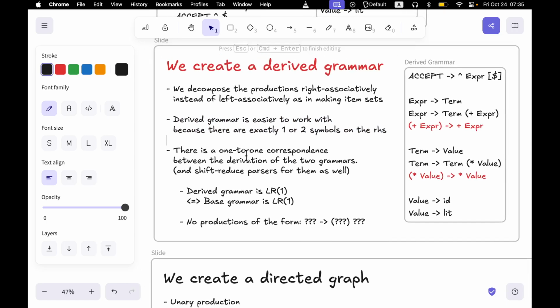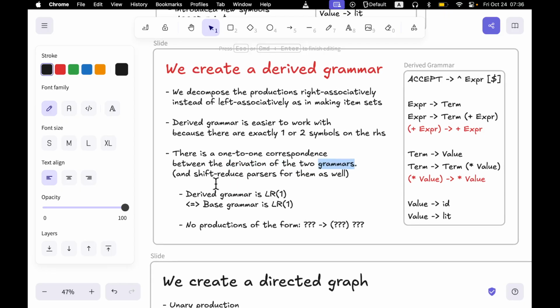Yes. And there is a one-to-one correspondence between the derivations of the 2 grammars. Intuitively, you can see why that is. And you can easily prove that the derived grammar is LR1 if and only if the base grammar is LR1. And we will create a parser for the derived grammar.